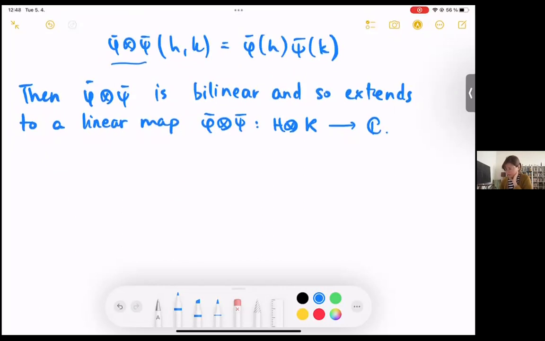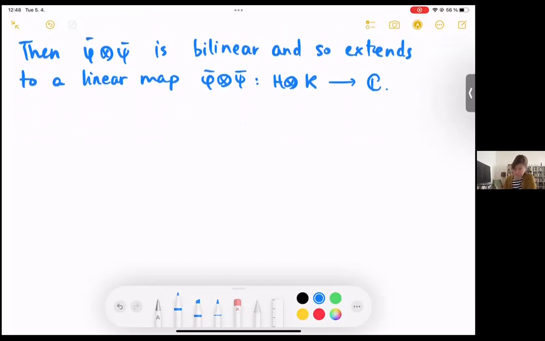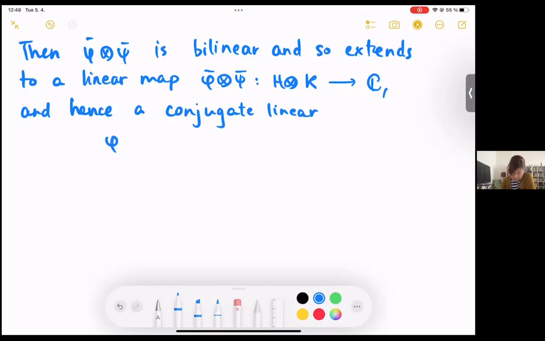And again, if we then just take the complex conjugate, we can then get a conjugate linear map by taking the complex conjugate, and I will call this phi tensor psi.